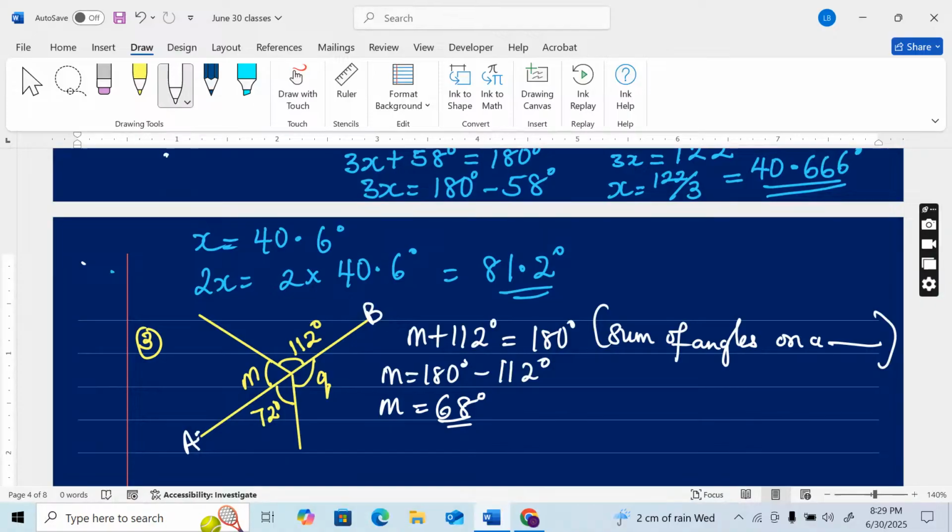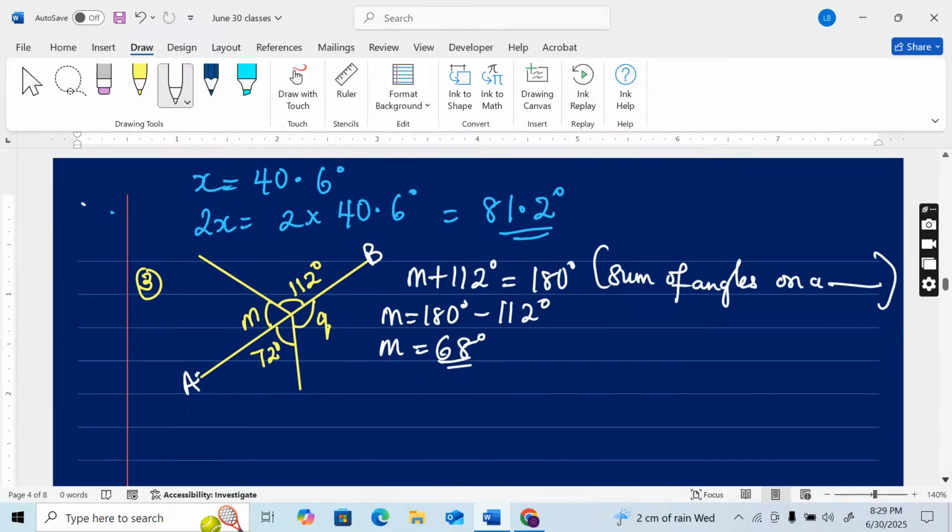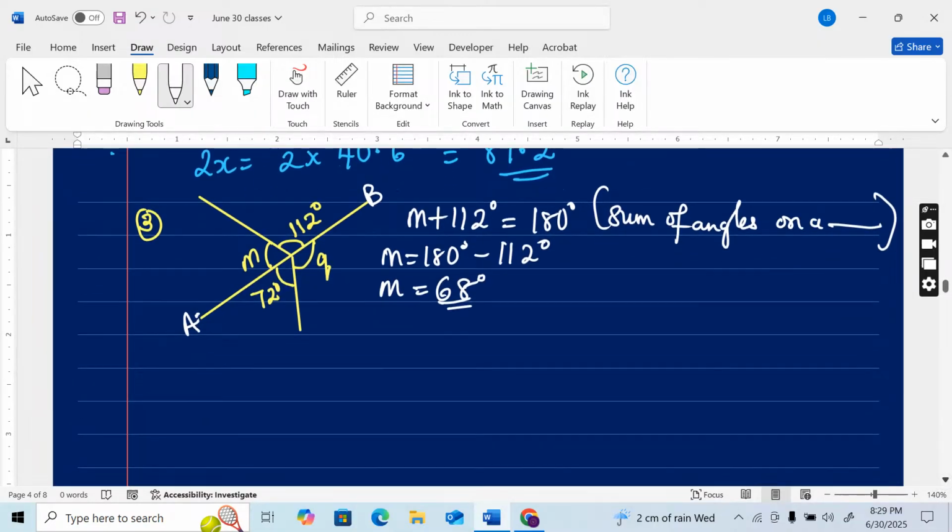So we have gotten the value of M. Now, you can also use sum of angles on a straight line to find the value of Q. All right, that is 72 plus Q will give us 180 degrees. All right, and to get the value of Q, subtract 72 from both sides. So 180 minus 72, that will give us 108 degrees.